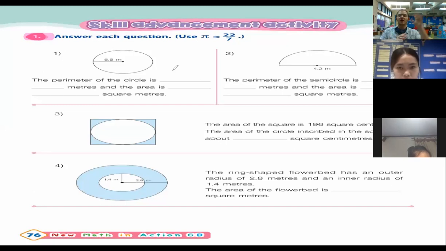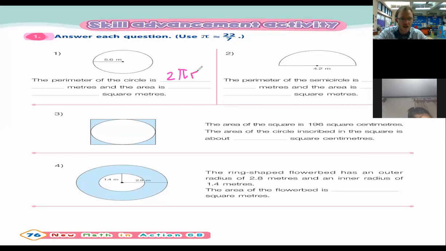The perimeter is 2 times pi times the radius. Pi, like we said, is either 22/7 or 3.14 if you want to work with the decimal. And then we calculated an amount in meters.